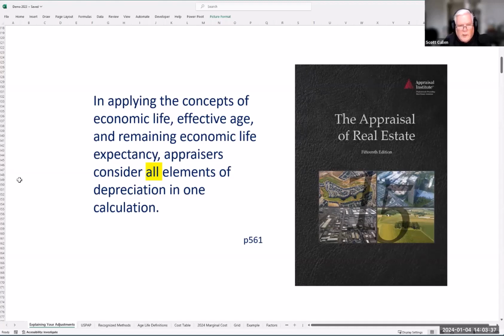And I can't tell you how happy I was when I found that. I was actually pointed in that direction by a USPAP instructor. But when I saw that, I realized that we don't need to figure out functional, external, and physical and add them all together. We can just lump everything together under effective age, or I put it in the physical category.